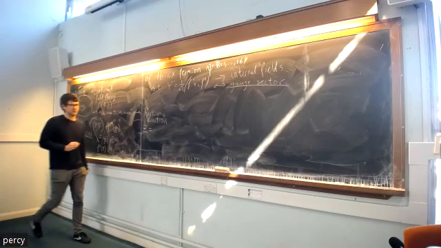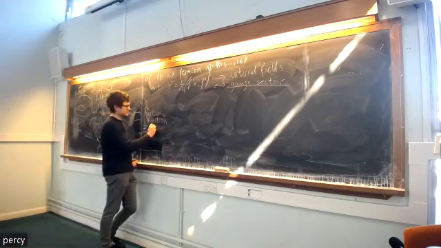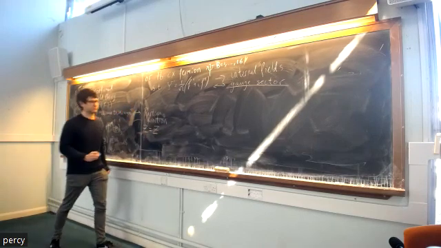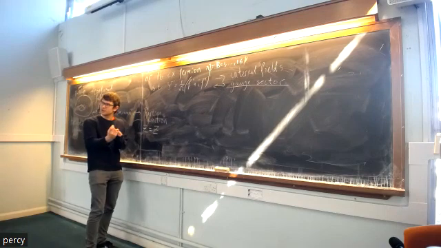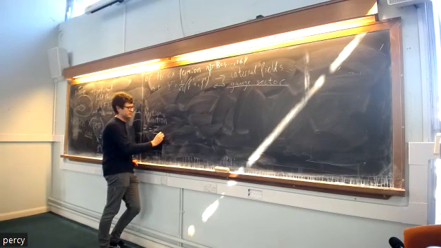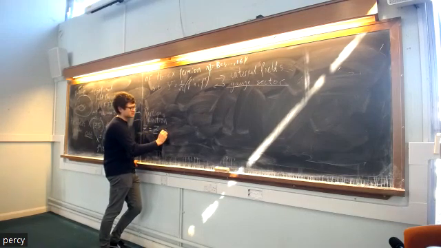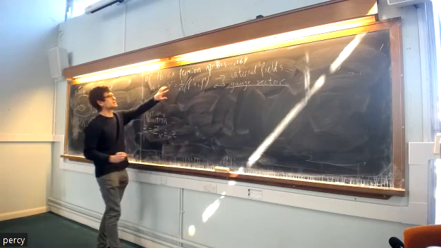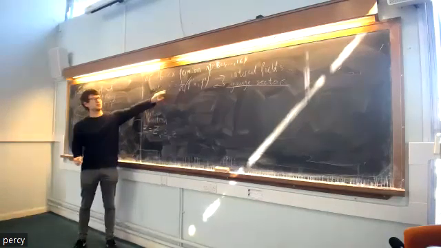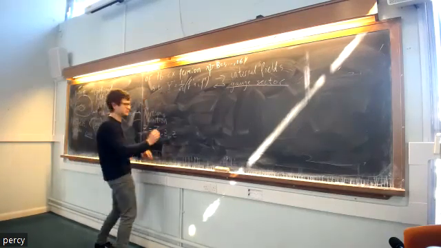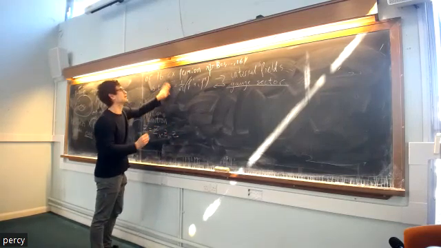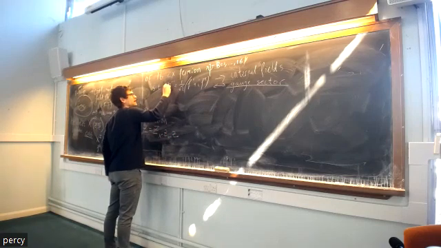This Z we can write as factorizing into the partition function for each set of fields individually: the partition function for x mu, the partition function for psi mu, and the partition function for these complex fermions, which I'll write as capital Phi.